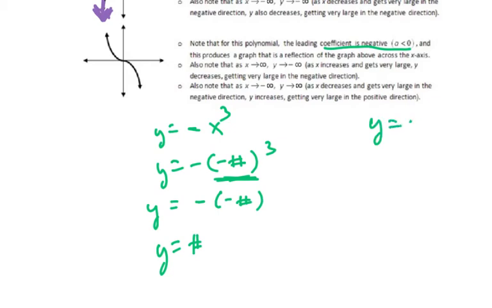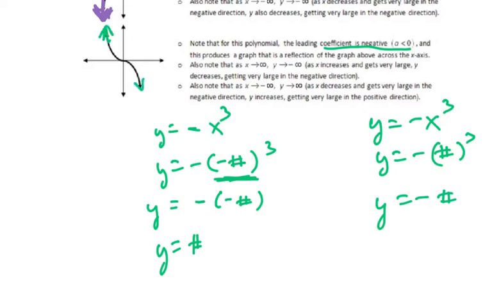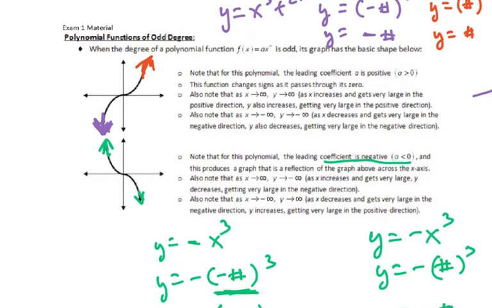And the same argument would hold for the other side, right? If we put in a positive number cubed, you're just going to get a negative number. That's why this one starts off positive, and this one starts off negative. You also see it's a reflection, okay?